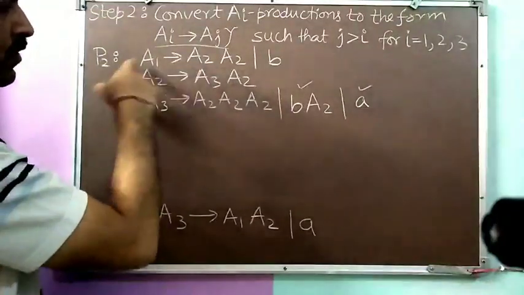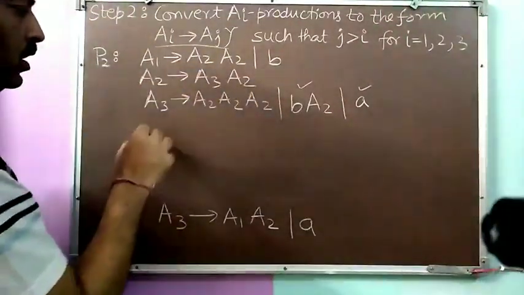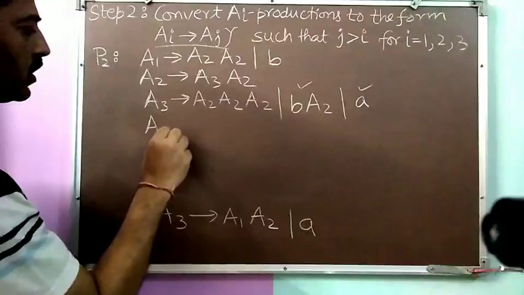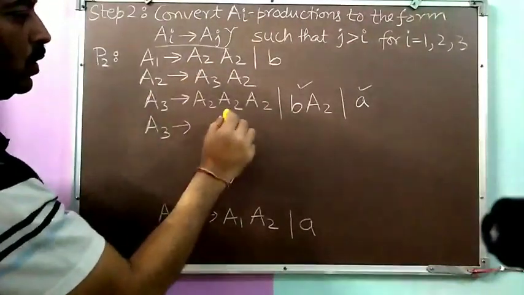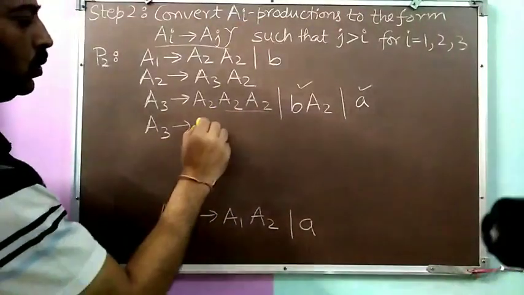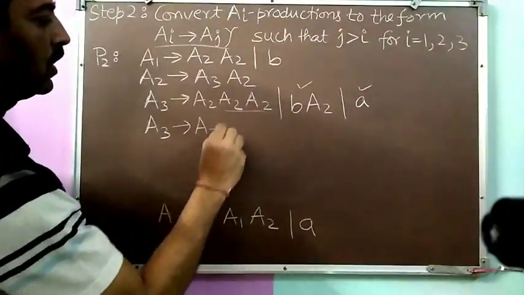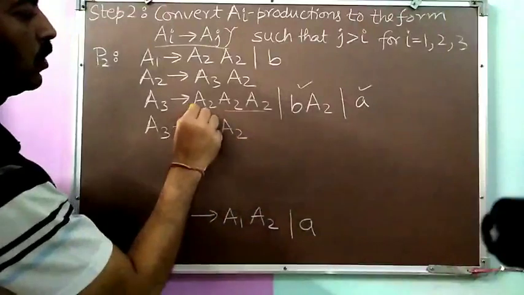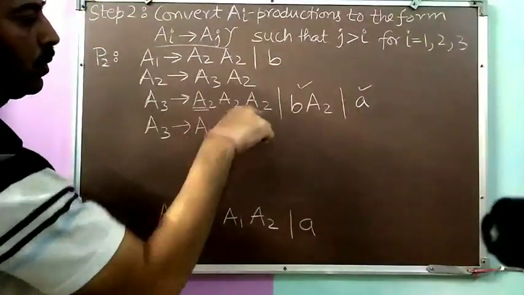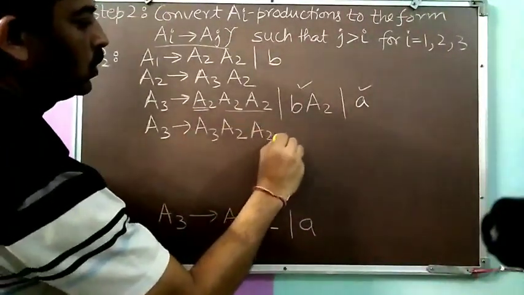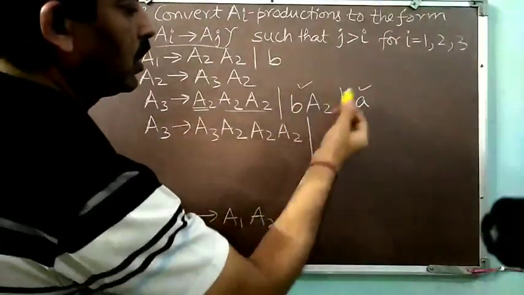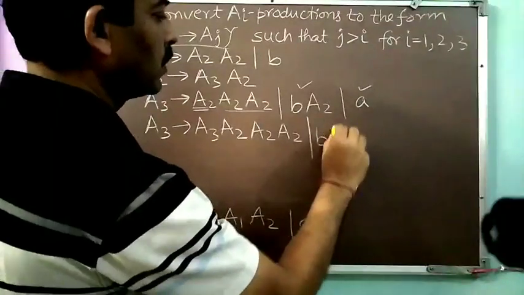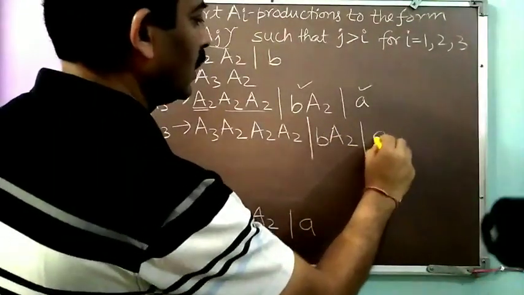Here we have only one A2 production, so at the place of this A2 we will put A3, A2, followed by A2, A2. So this is the production, and these two productions, BA2 and A, were already in the required format.